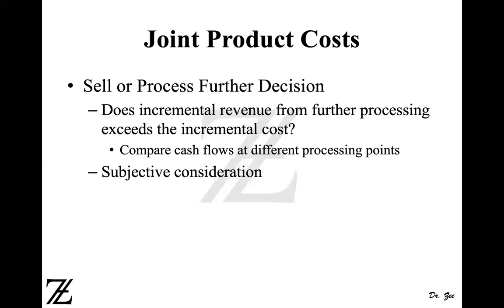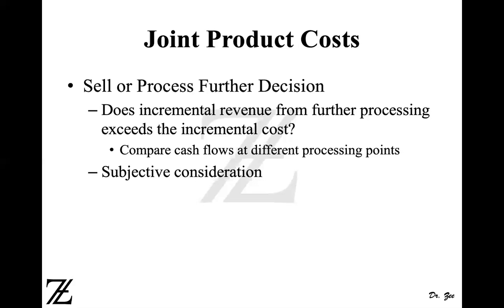So your incremental cost is $1,000 more than the incremental revenue. Then for every batch, you will lose $1,000 if you process it further. So in that case, you will not proceed. That's how you can determine whether it's profitable for you to process it further or not.